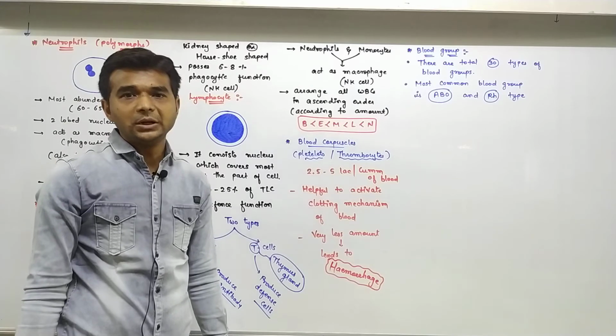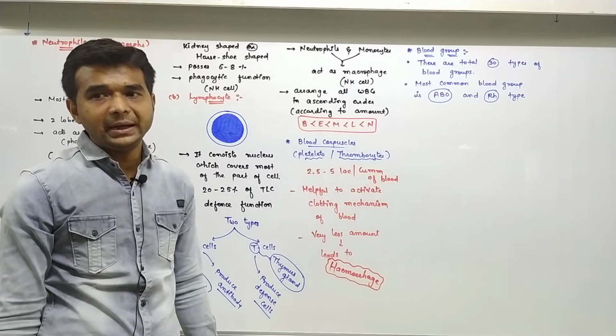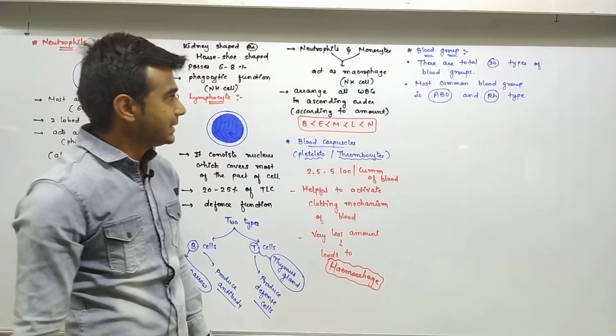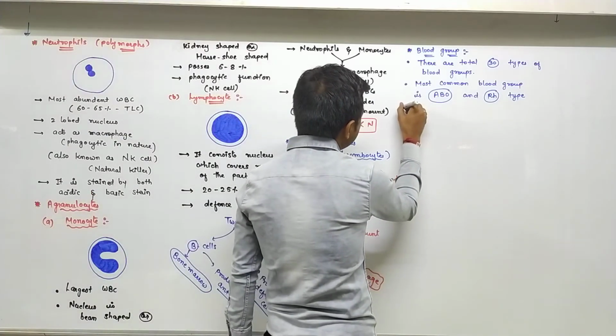The most common blood groups are the ABO and RH types. This was discovered by the scientist Karl Landsteiner.